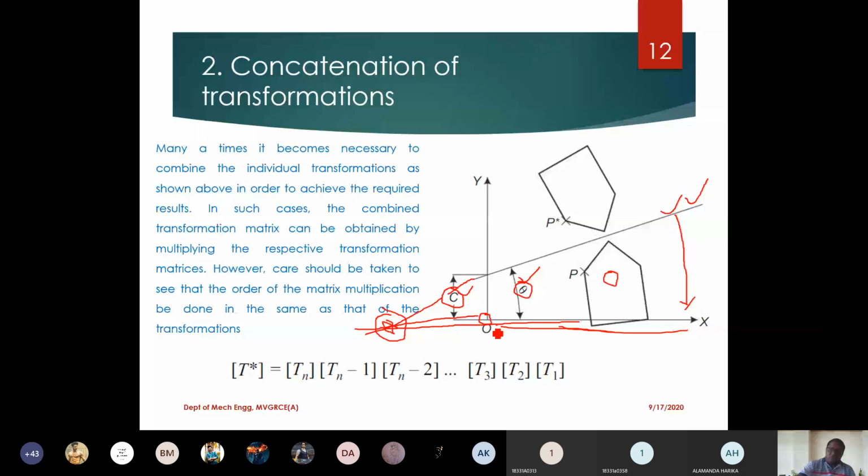So what do I have to do now? Even by simply rotating, I am not able to match the straight line to the x-axis. So my thought process goes: let us move the straight line by minus c.